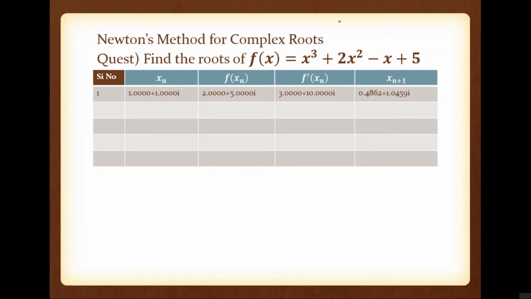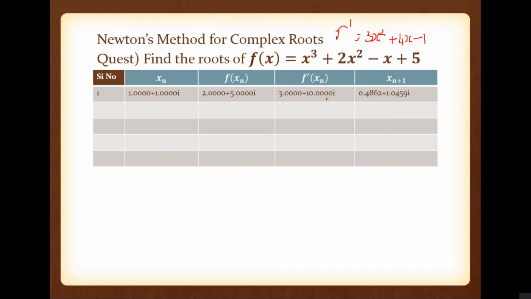And what is f dash of x? F dash of x is equal to 3x square plus 4x minus 1. If you solve this, you get 3 plus 10j, that is the f dash value.